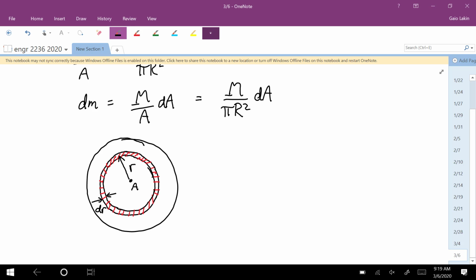Okay. So how can we come up with an expression for the area of that infinitesimal ring? So this is our infinitesimal area.